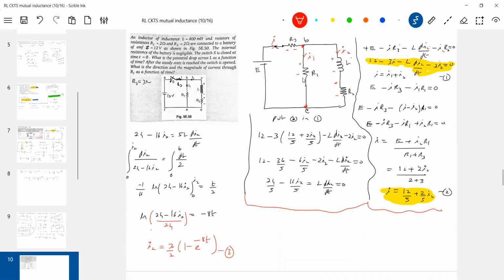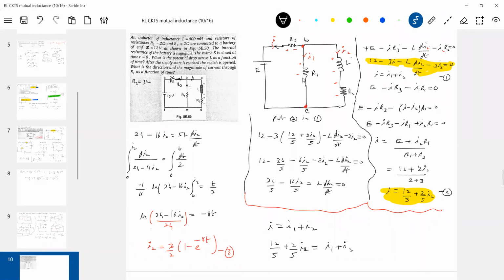I1 will be variable. How can I say? Let me take help of this equation. We know I is equal to I1 plus I2. This is a very basic fundamental. And from equation 2, let me eliminate I. So this will be 12 by 5 plus 2 by 5 I2 equal to I1 plus I2.